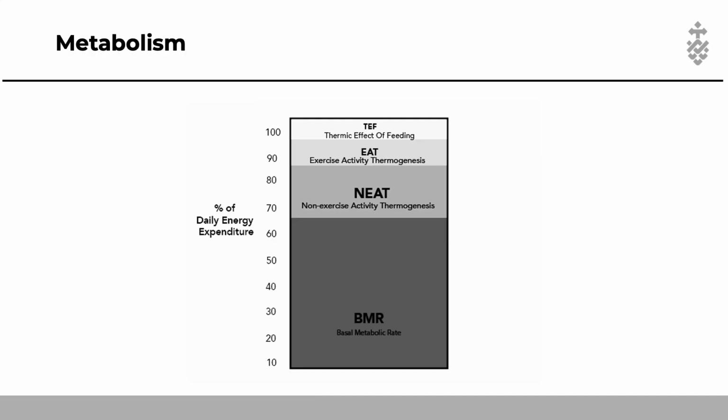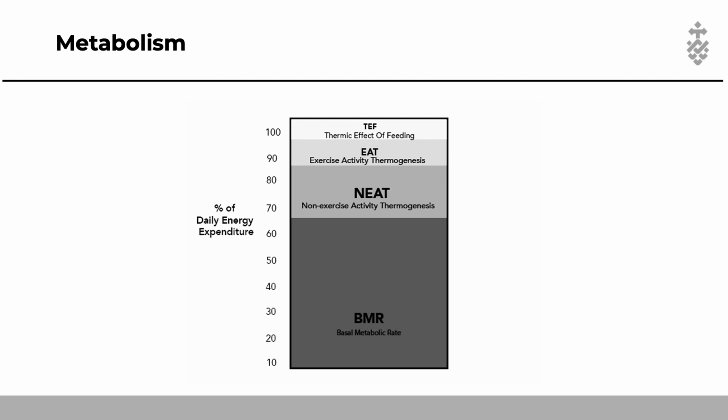Now, our metabolism is made up of 4 key elements. We've got the BMR, the basal metabolic rate, which is the amount of energy that we burn at rest. We have NEAT, which is non-exercise activity thermogenesis, and EAT, which is the exercise activity thermogenesis.